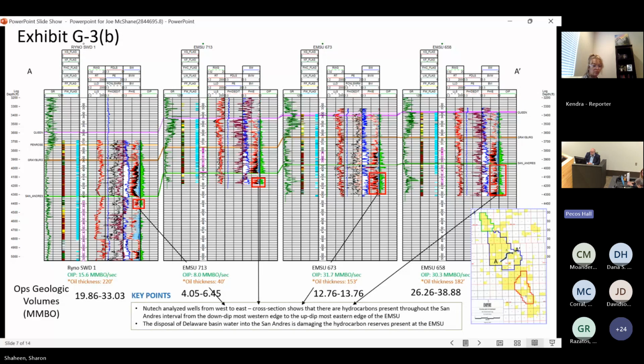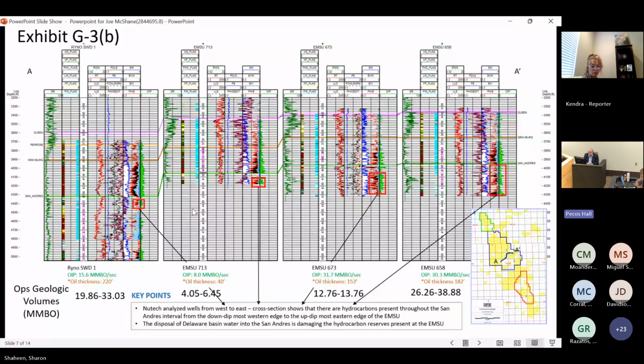And then what I'd also like to point out is, at the base of each well log in green, we have the calculated oil in place number based on New Tech's revised numbers. And then below the oil thickness in black, we see Ops Geologic's low side to high side range for each well, to be able to compare it to.